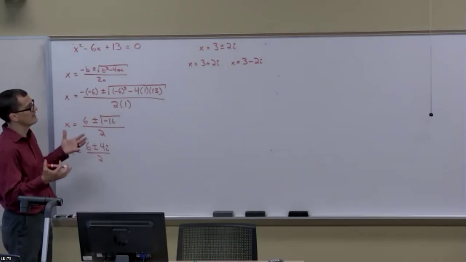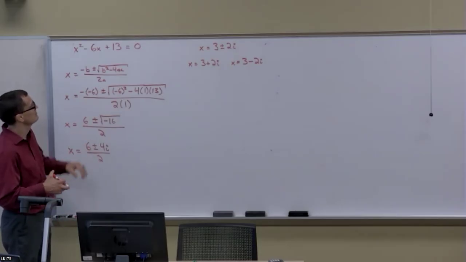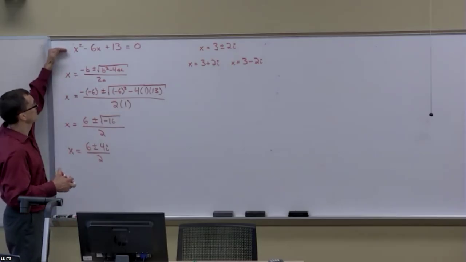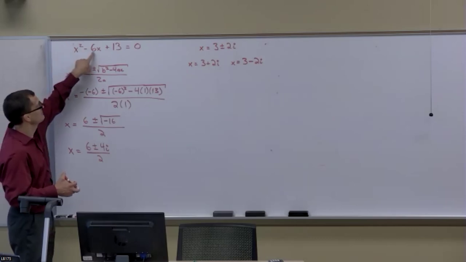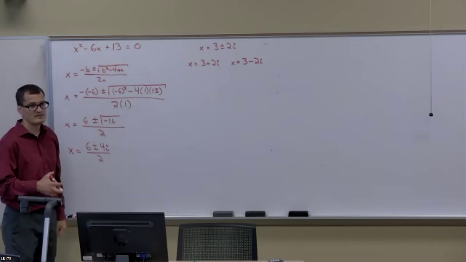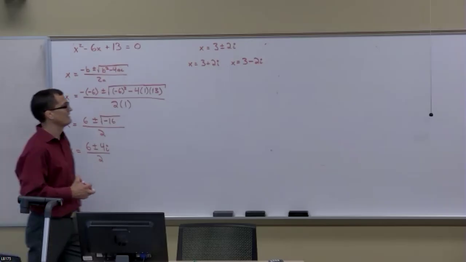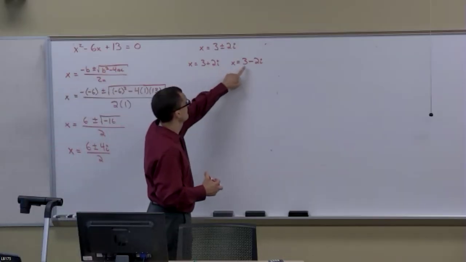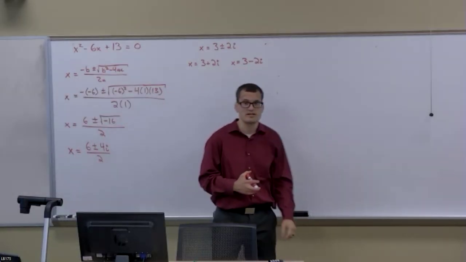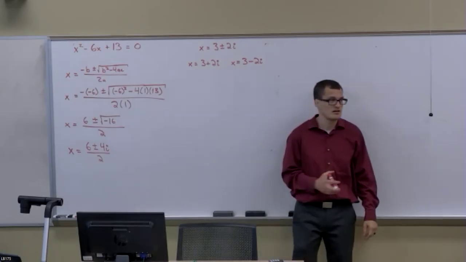So if you start with a quadratic equation with nice integer numbers as your a, b, and c, and your answer is a complex number, then your other answer is going to be the complex conjugate of that.